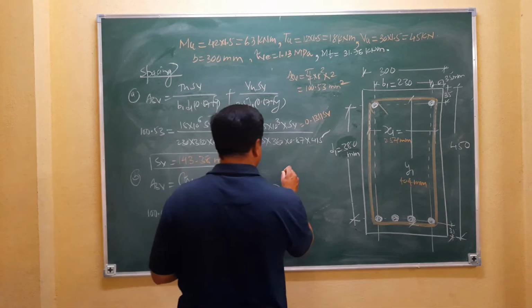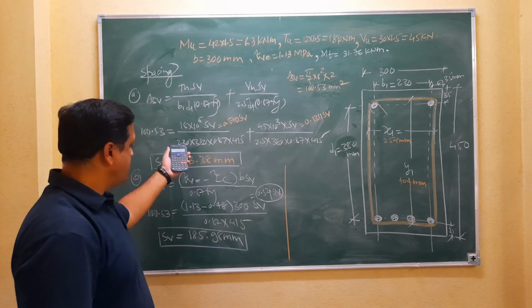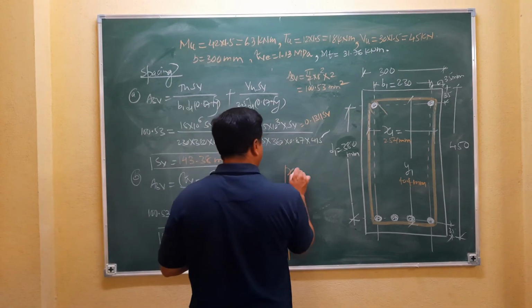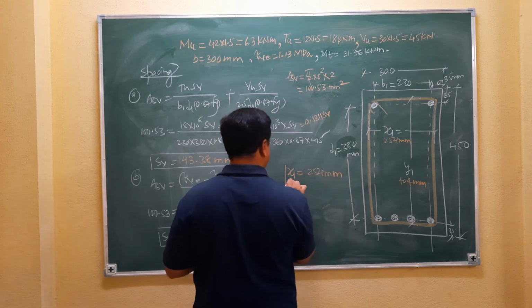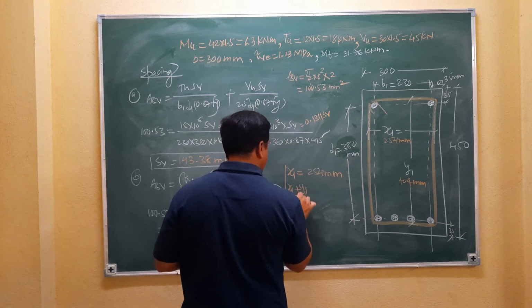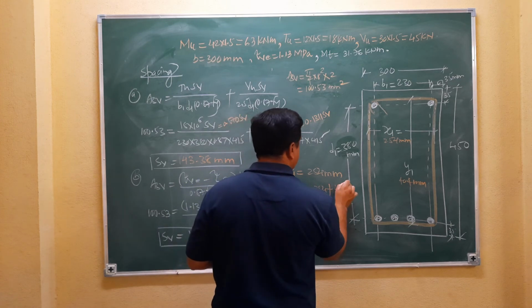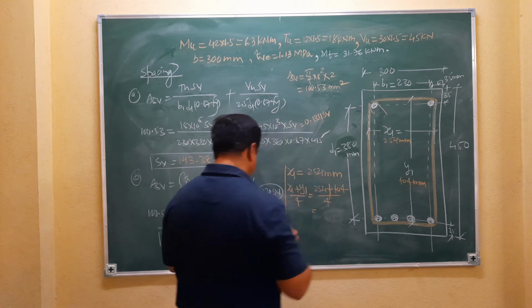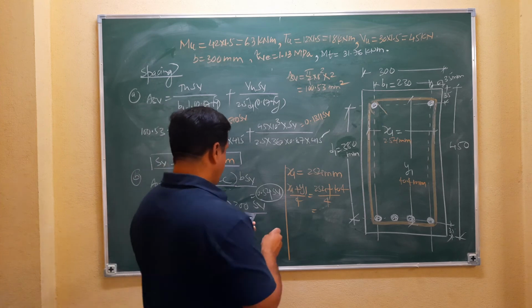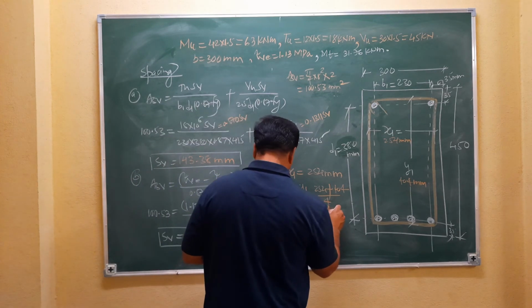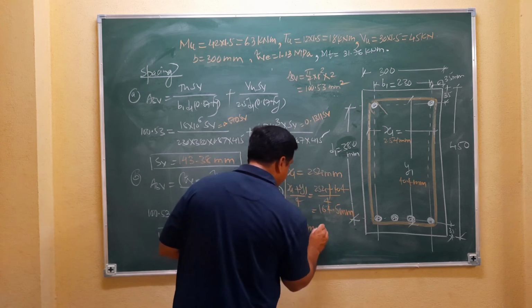The spacing calculated from these two formulas should not be more than x1, which is 254 mm, then x1 plus y1 by 4, that is 254 plus 404 divided by 4, the value is 164.5 mm, and third is 300 mm.